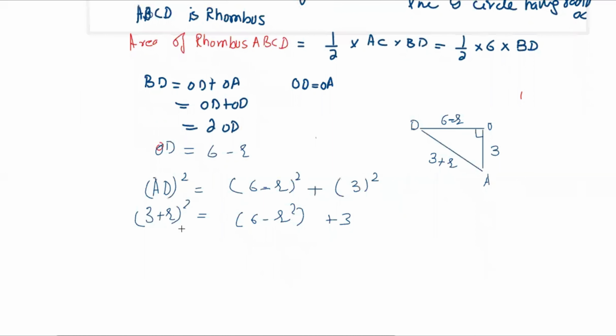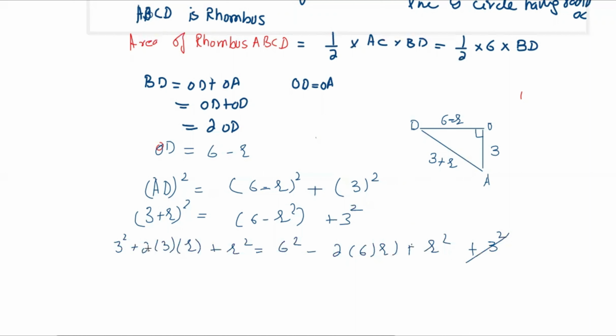We use the identity, A plus B whole square is equal to A square plus 2AB plus B square. That's equal to 3 square plus 2 times 3 into R plus R square, and the same here is 6 square minus 2 times 6 into R plus R square, plus 3 square.